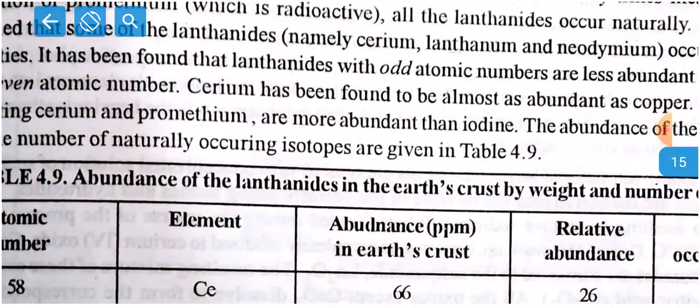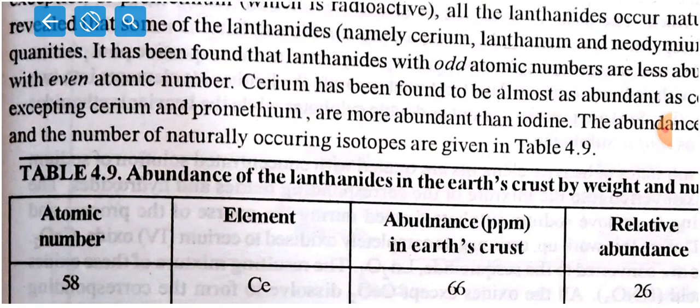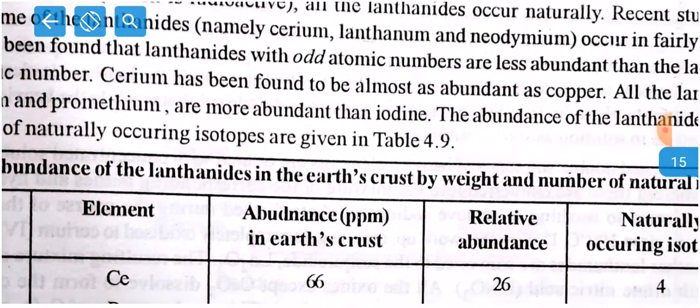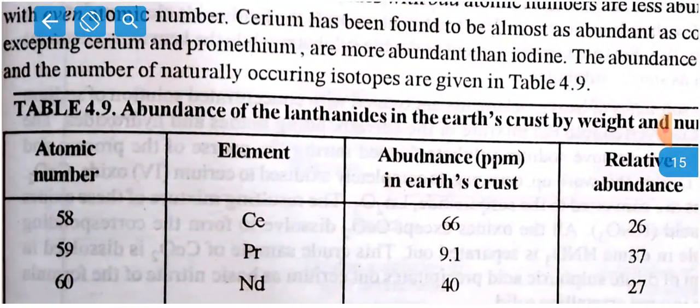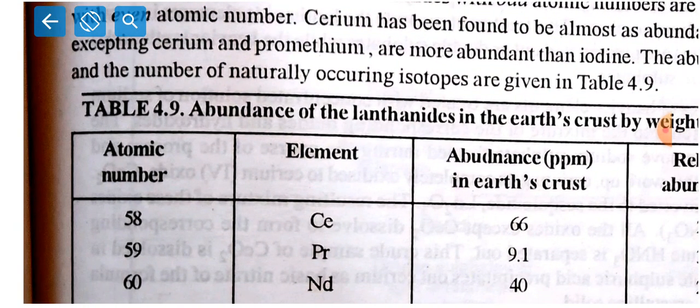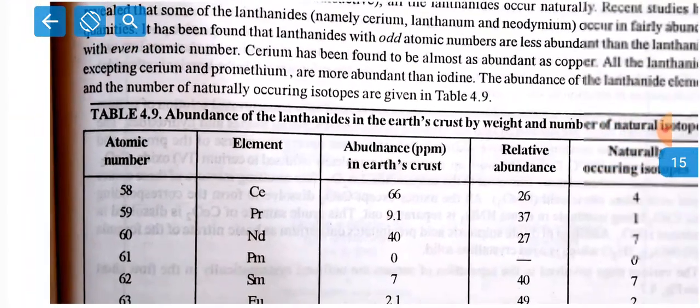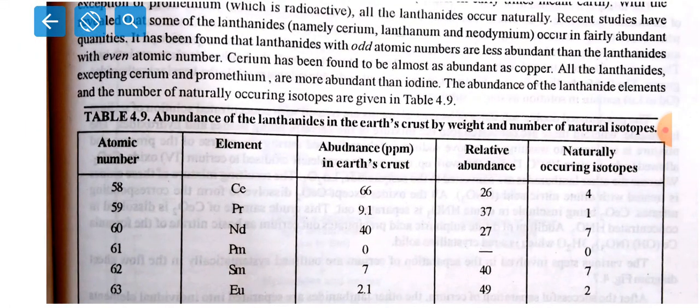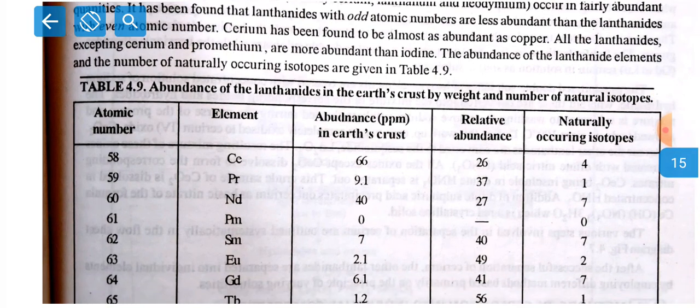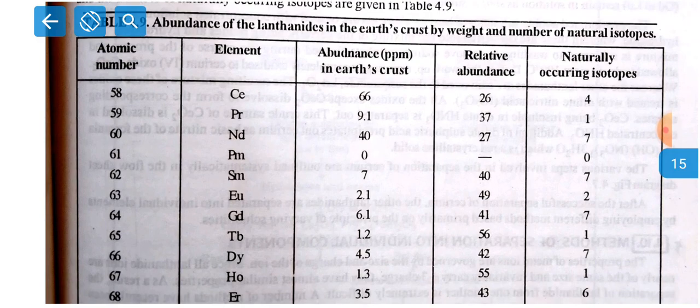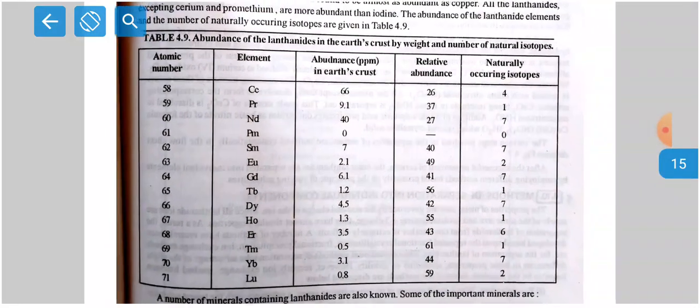All the lanthanoids excepting cerium and promethium are more abundant than iodine. The abundance of the lanthanoid elements and the number of naturally occurring isotopes are given in Table 4.5, which shows abundance in the earth's crust by weight and the natural isotopes.